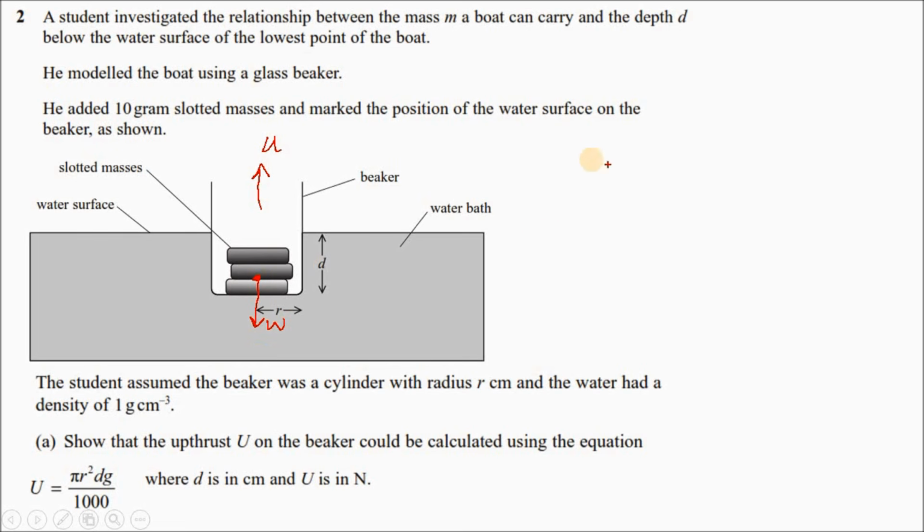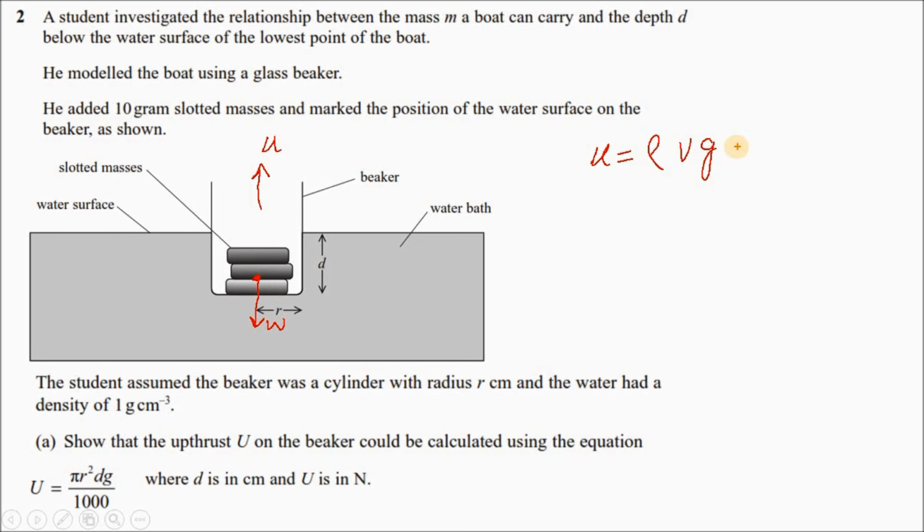And of course the formula for upthrust is U = ρVg, where ρ is the density of the liquid or fluid in which the object is sinking or floating, V is the volume of displaced fluid, or you can say the volume of the immersed object, and g is gravitational field strength or acceleration due to gravity, which is 9.81.